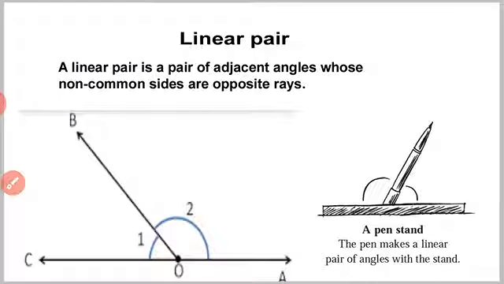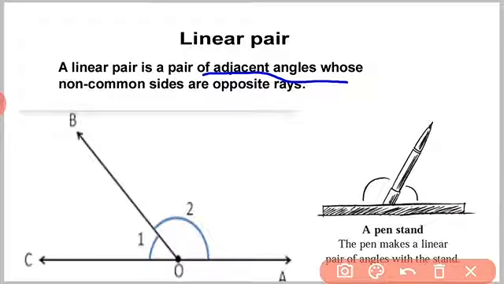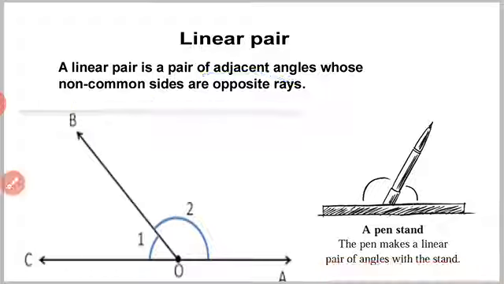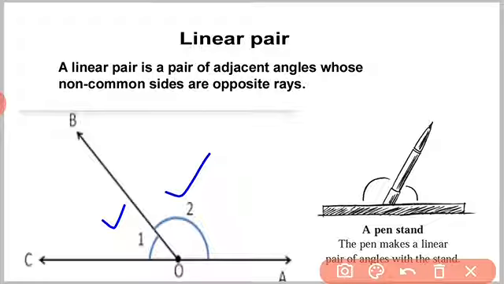Linear pair. A linear pair is a pair of adjacent angles whose non-common sides are opposite rays. Let us understand. We just now discussed that angle 1 and angle 2 of this form make a pair of adjacent angles. It is correct that angle 1 and angle 2 are adjacent.